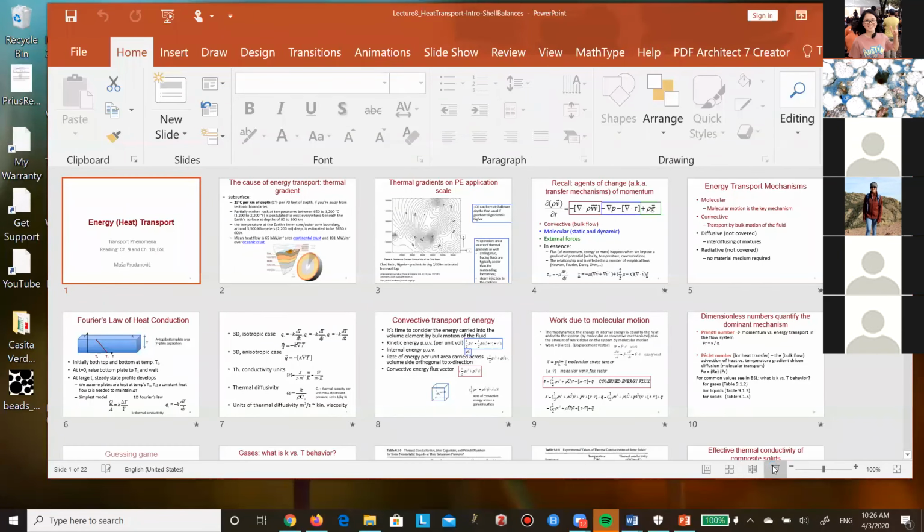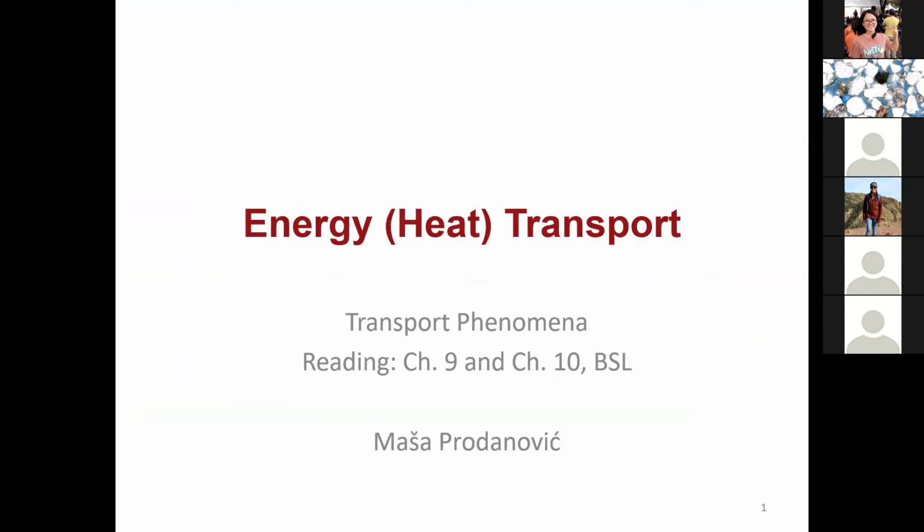Basically for heat transport, the related reading will be in chapters 9 and 10. Chapter 9 is more about defining thermal conductivity of materials, so material properties, and going over them. And chapter 10 is really about shell balances and solving problems.